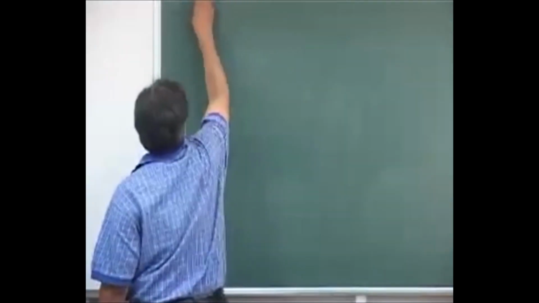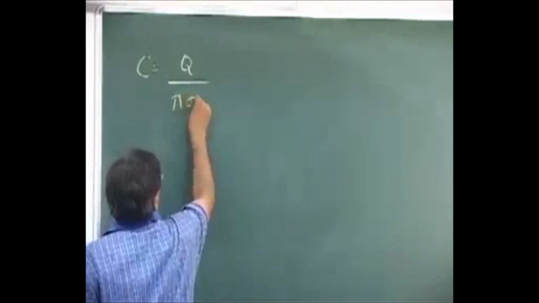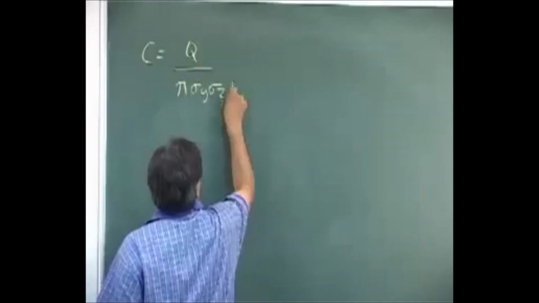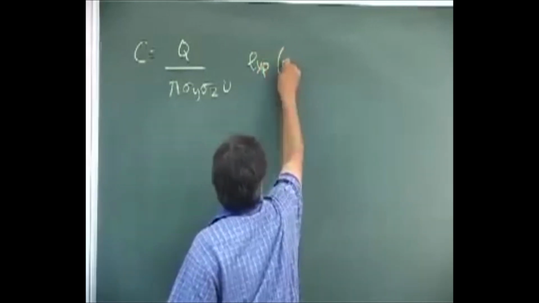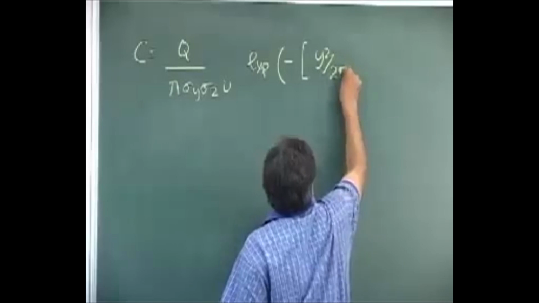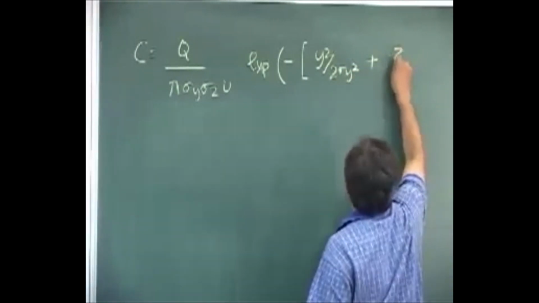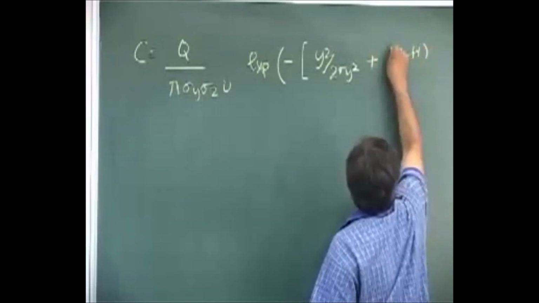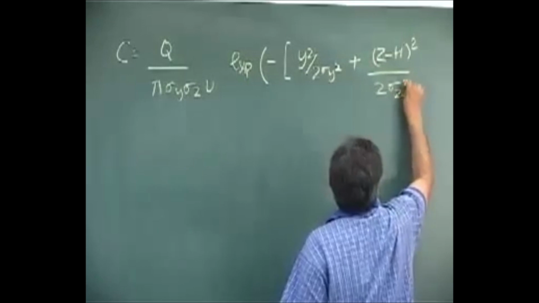C equals Q by pi sigma y sigma z u, exponential of minus y square by 2 sigma y square plus, for z I must write z minus h whole square upon 2 sigma z square.